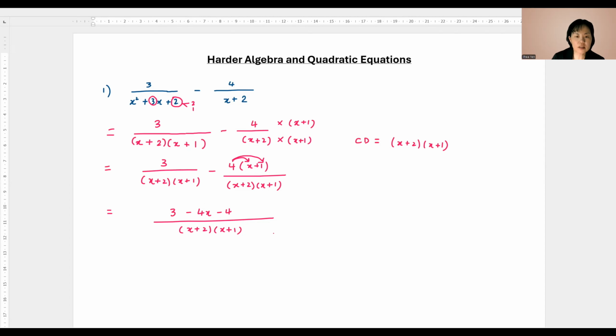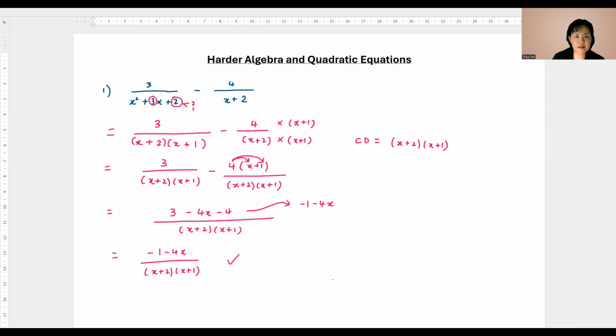So what I've got on the top, the numerator, I can simplify: minus 1 minus 4x. So my final answer is minus 1 minus 4x all over x plus 2 and x plus 1.